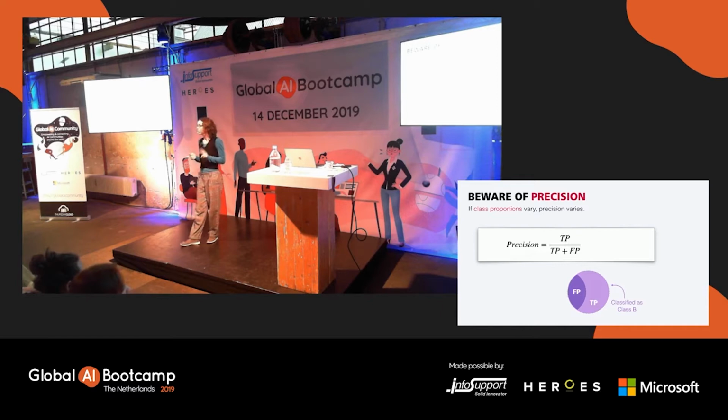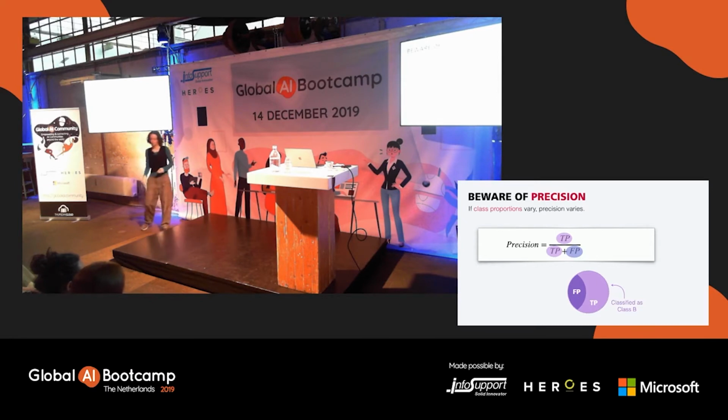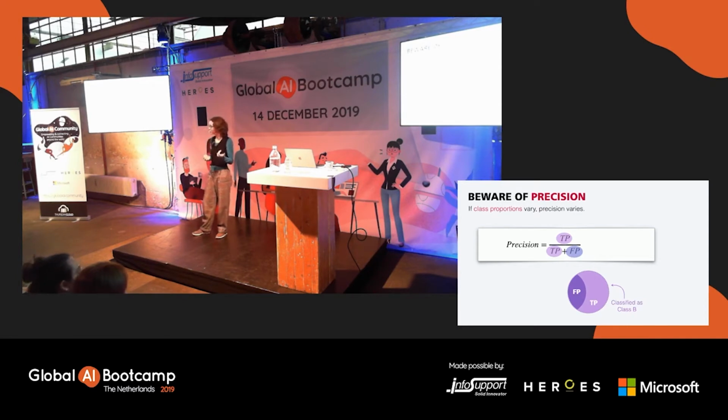So let's take an example with just two classes. Now in my denominator, I have the true positives, so those are well classified in class B, and the false positives, which means that these objects don't belong to this class, but they are added to that class. And now we can see in the equation, the denominator has those two terms, the true positives and the false positives.